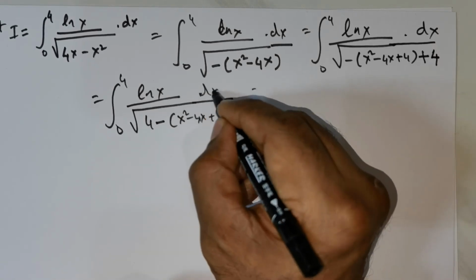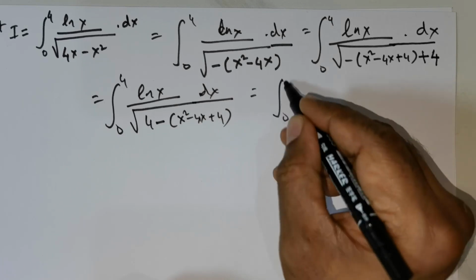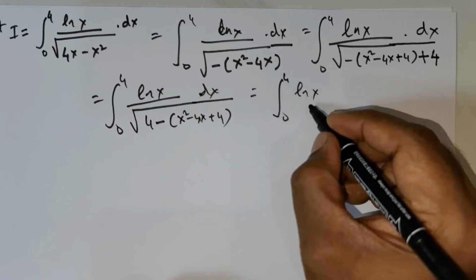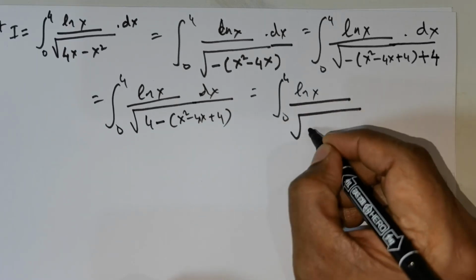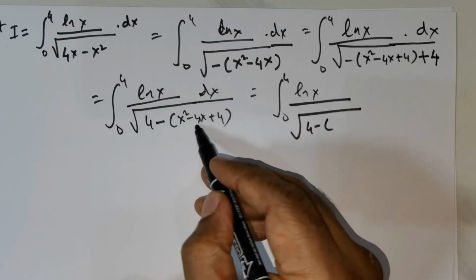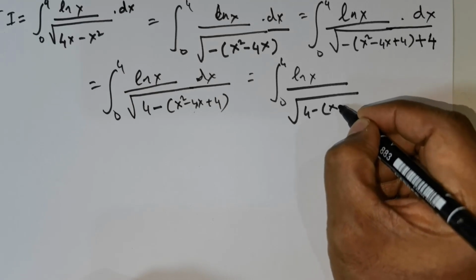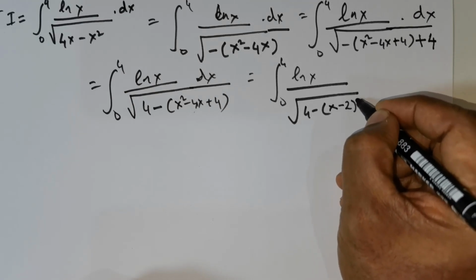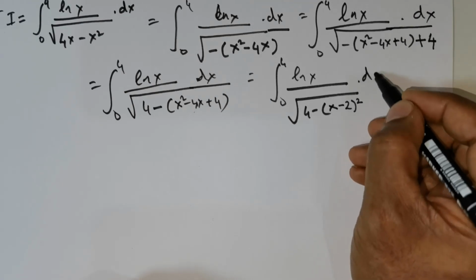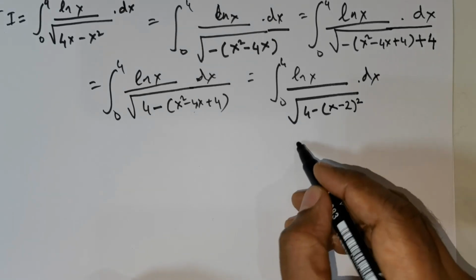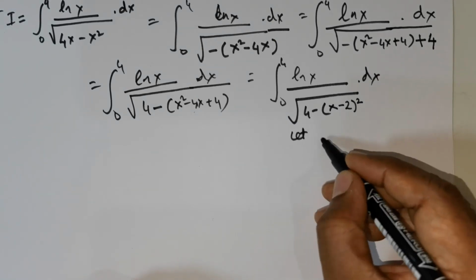This is equal to the integral of ln x over the root of 4 minus x squared minus 4x plus 4, which can be rewritten as a perfect square, (x minus 2) raised to the power of 2, times dx.